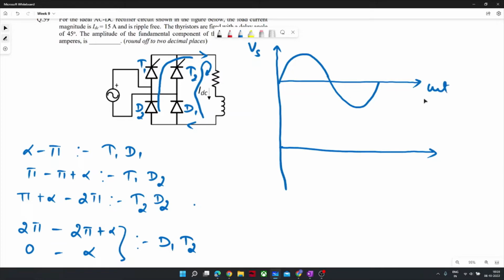This is the omega t axis. Here alpha is 45 degree, as provided in the problem. So we will draw for that. V naught, this is the waveform of V naught.